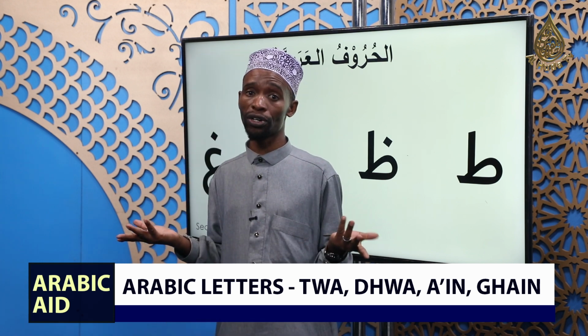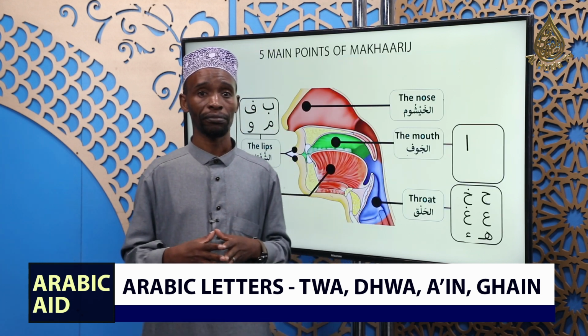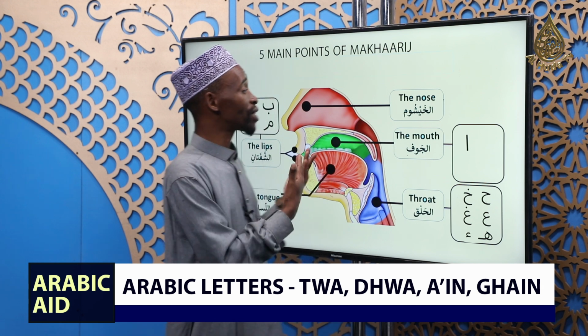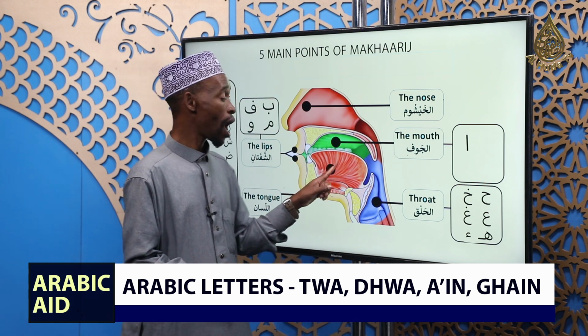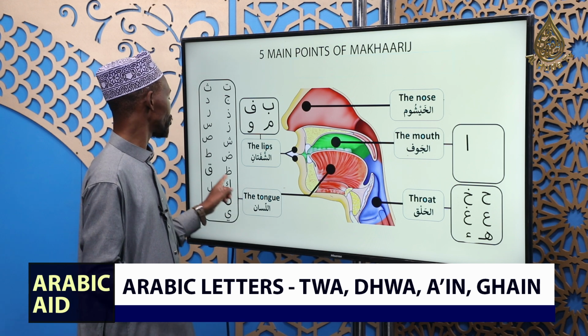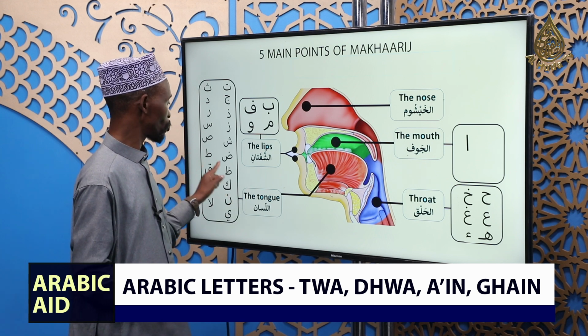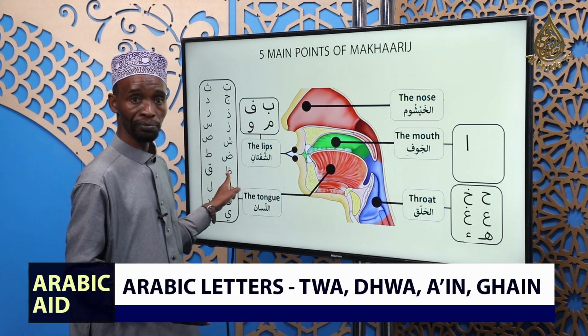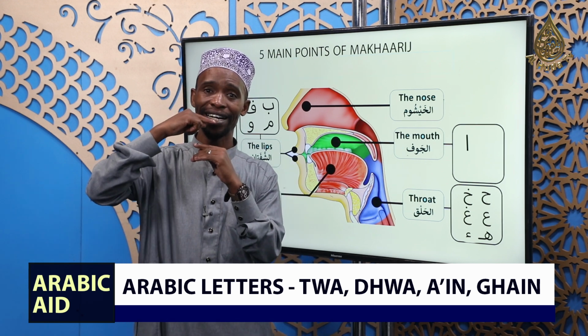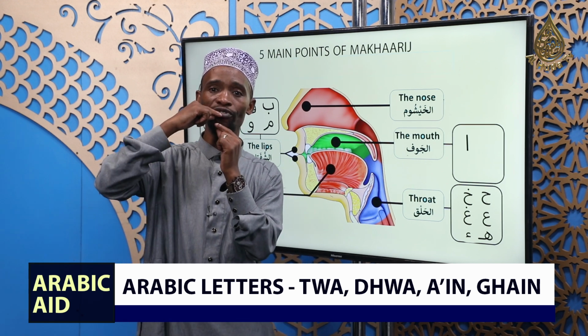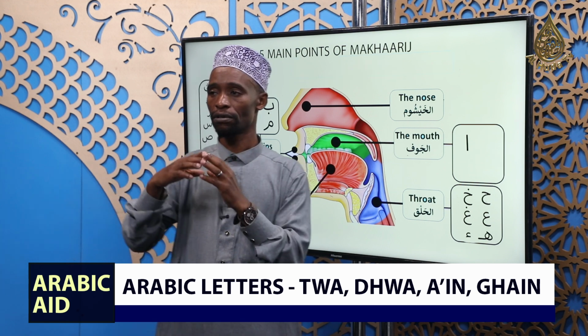Where is the makharij for Dhwa? On the diagram, the makharij for Dhwa is still at the tongue. Dhwa is pronounced from the tip of the tongue and the inner edge of the upper teeth.